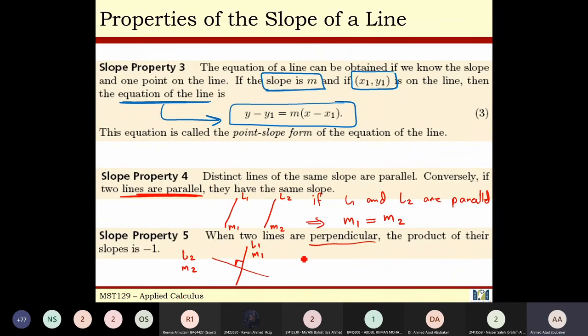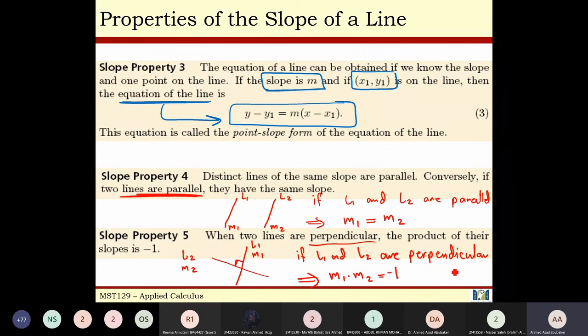Now if L1 and L2 are perpendicular, then M1 multiplied by M2, the product of the two slopes, must be equal to -1.